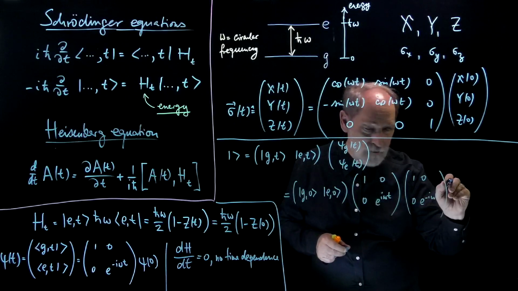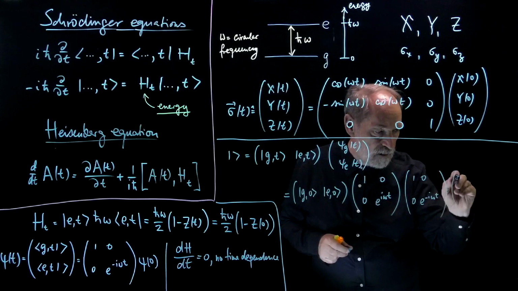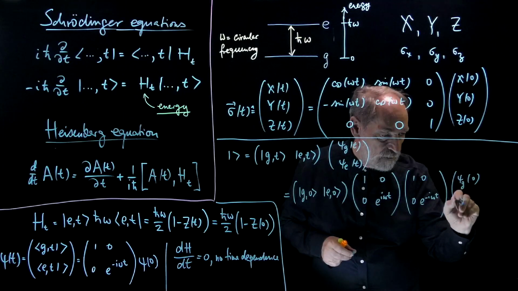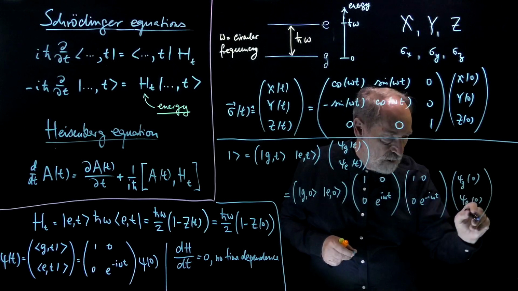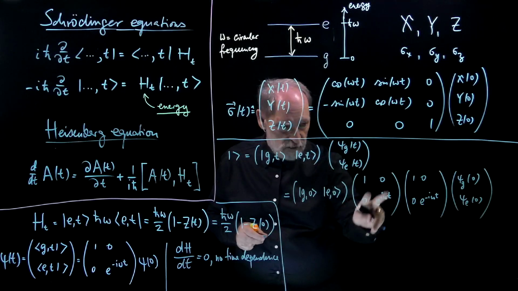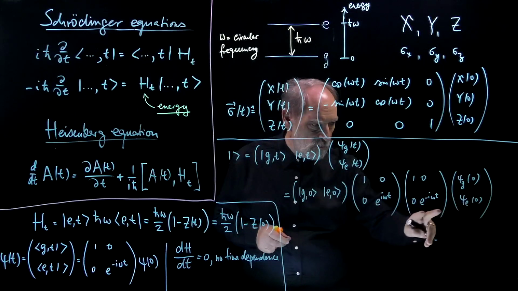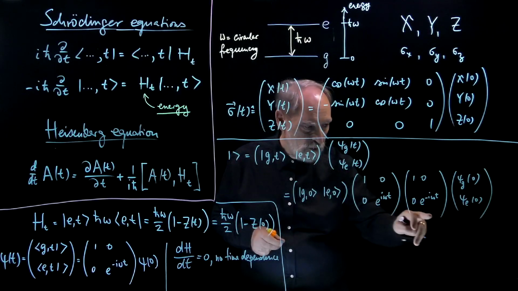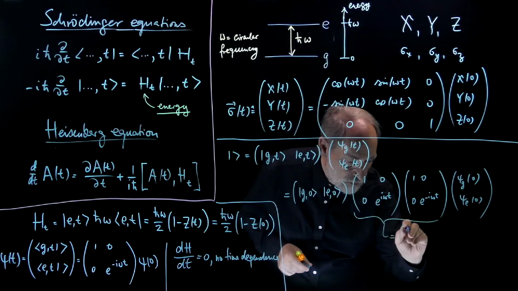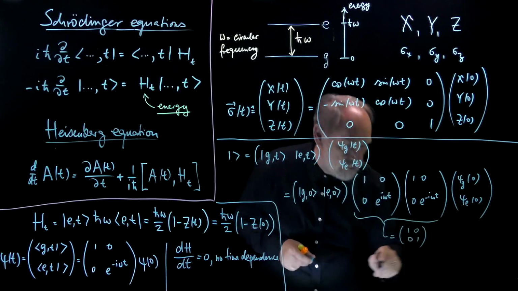And then we have the wave function at time 0. And so the time dependence of the kets is from this factor, the time dependence of the wave function is from this factor. But the product of these two matrices, that's just the 2 by 2 identity matrix.